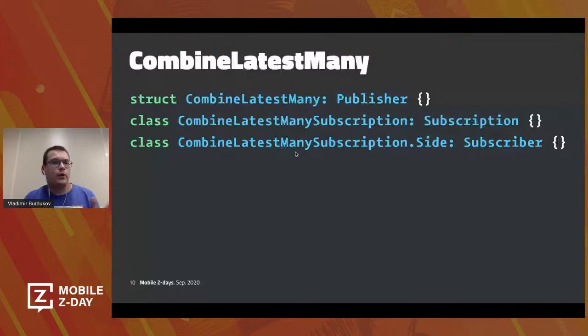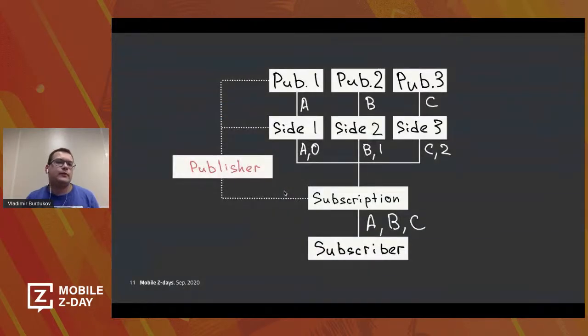Let's get started from publisher. Oh no, first I want to tell you a little bit about how this operator works under the hood. I have a publisher. Publisher connects each underlying publisher from an array that we passed inside it with sinks. Sinks are just simple subscribers that observe changes from the publisher and forward them to the subscription with indices.